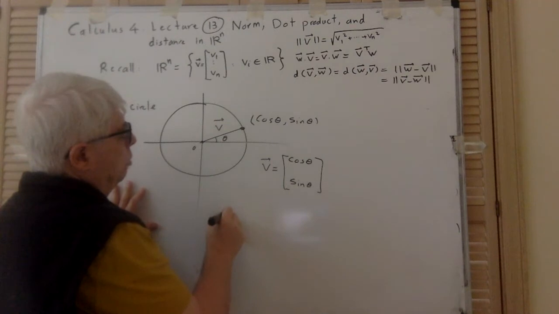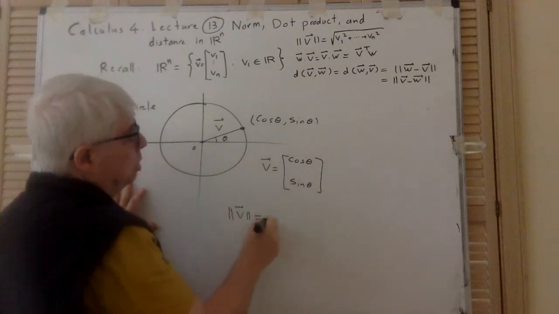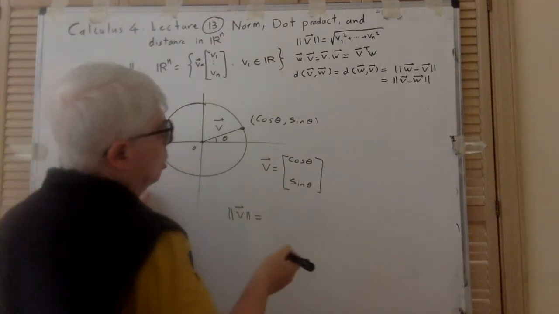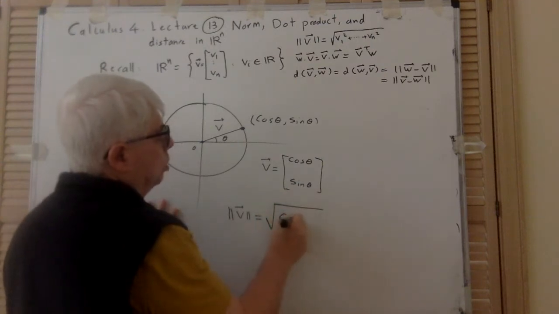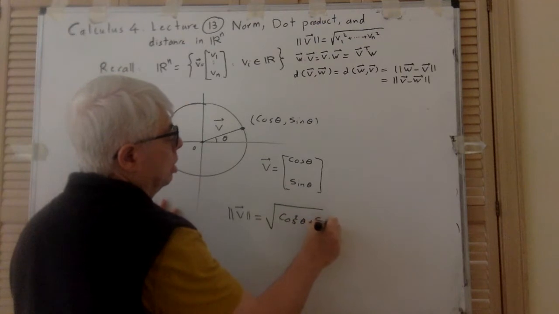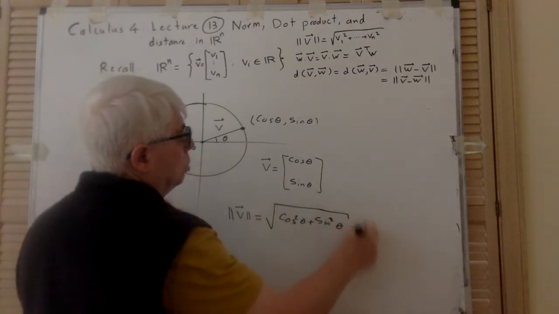Well, we have to check its magnitude, or norm in this case. That is the square root of cosine squared theta plus sine squared theta, which is equal to 1.